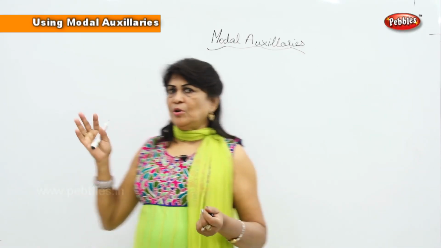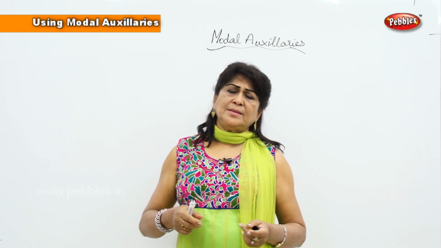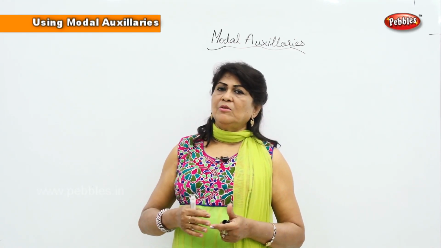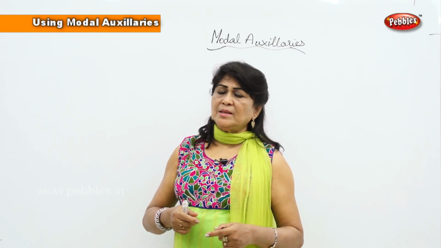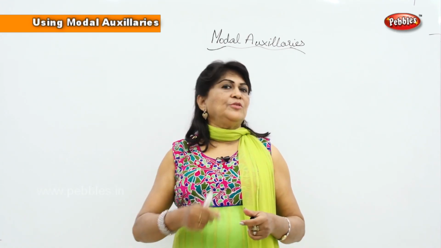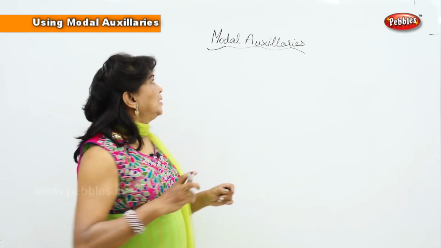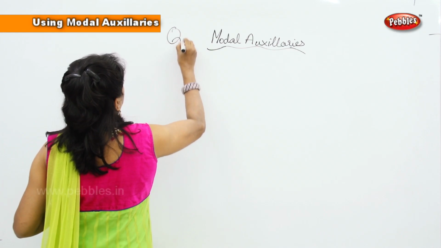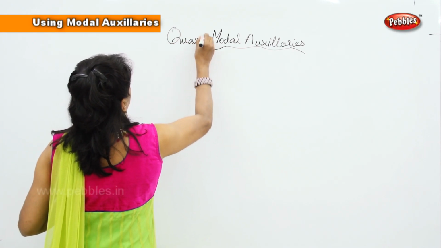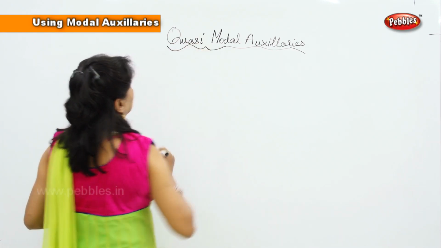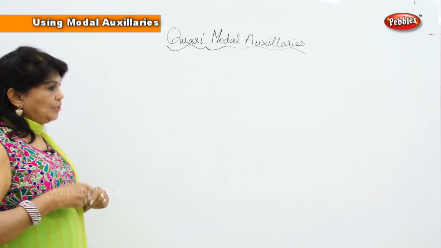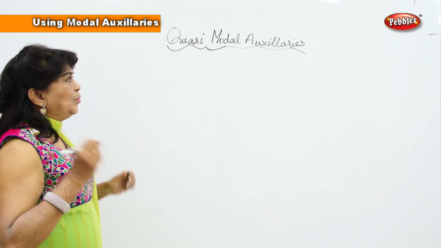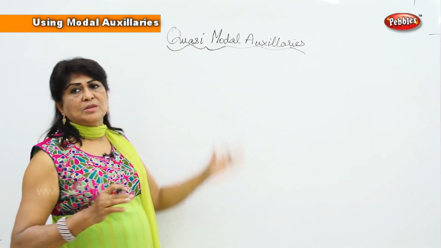Okay, now we just saw use of modal auxiliaries. There are some quasi-modal auxiliaries, or semi-modal auxiliaries, and how to use them, where to use them, we are going to see. So, I will just write here semi or quasi. Okay. So, let us see how to use, like I am just going to give you certain sentences where you should use these quasi-modals.